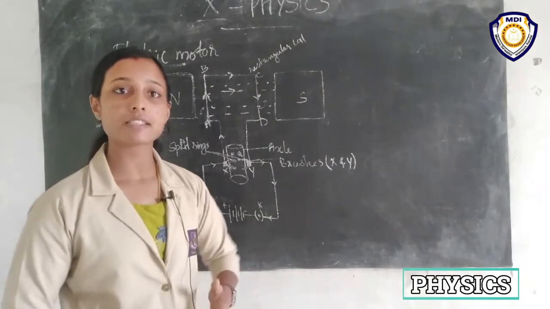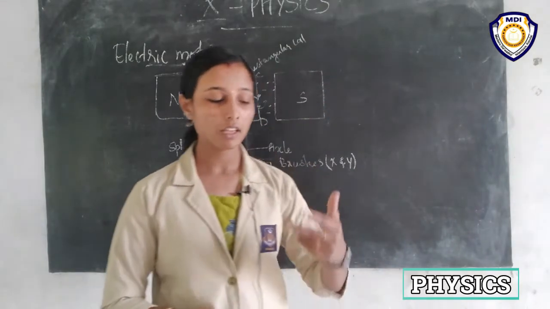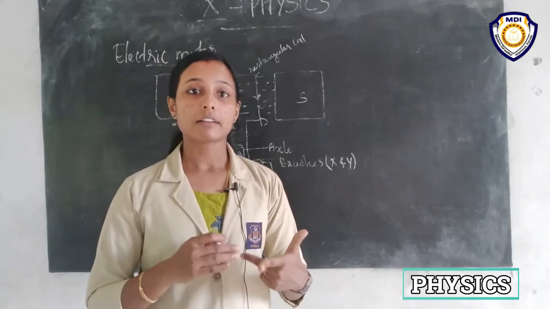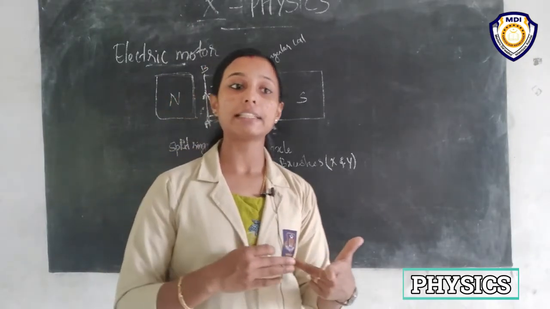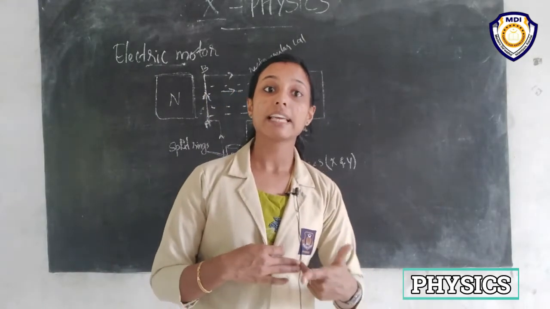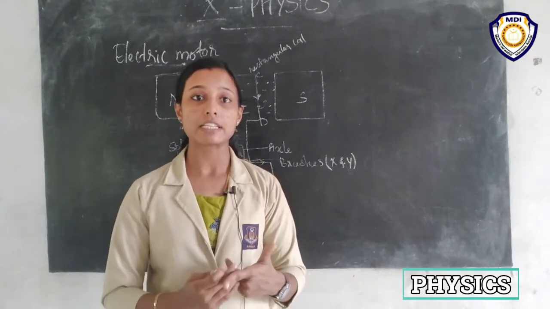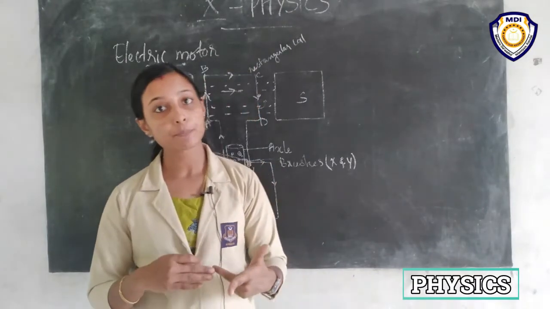What does Fleming's left hand rule say? If the direction of magnetic field and current are mutually perpendicular, then the force experienced by that conductor also has a direction perpendicular to both the magnetic field and the current.